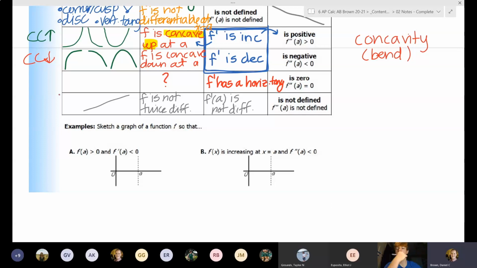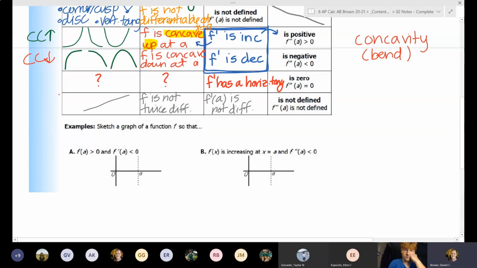And I'll put a question mark there also. We won't really talk a lot about that second derivative until unit 3. There are some weird things that can happen when the second derivative is 0, but what's most important are those two rows above it, where we're saying that f prime is increasing and f prime is decreasing.